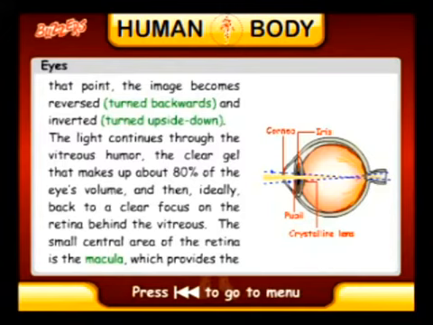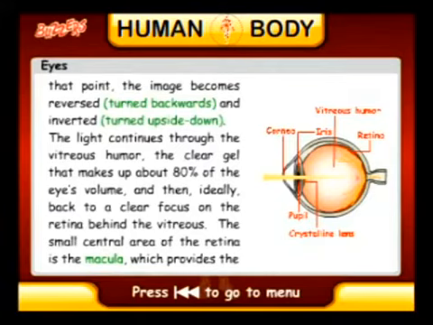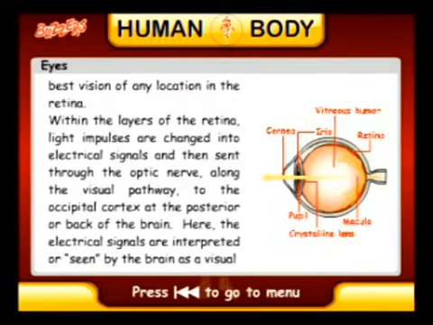The light continues through the vitreous humor, the clear gel that makes up about 80% of the eye's volume, and then, ideally, back to a clear focus on the retina behind the vitreous. The small central area of the retina is the macula, which provides the best vision of any location in the retina.